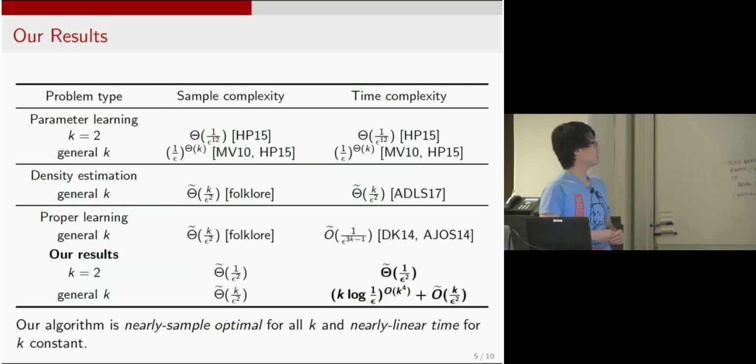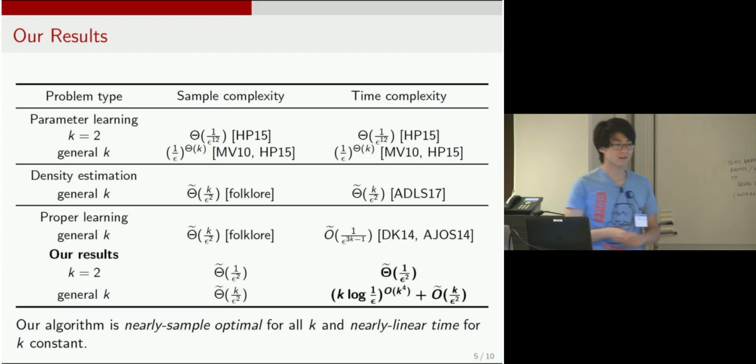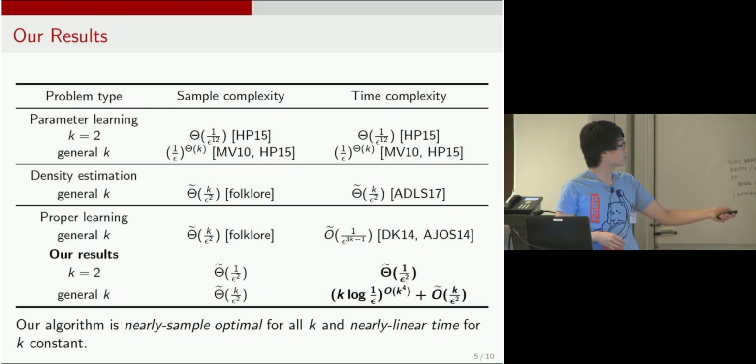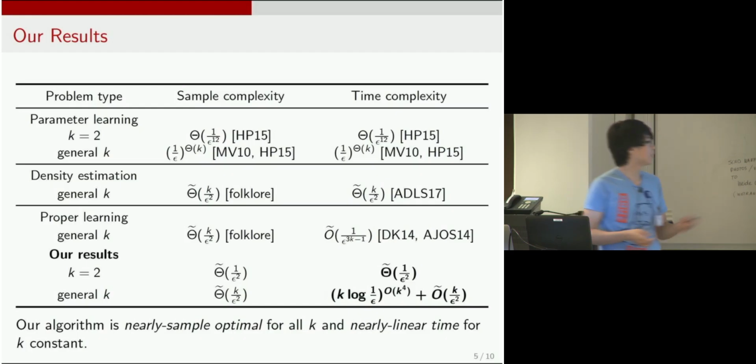So here's a very big slide of the previous results and our results in context. Again, for parameter learning, we get rates of 1 over epsilon to the theta of k. They scale in this very exponential way, and particularly if k equals 2, you already have 1 over epsilon to the 12th samples. To contrast, for density estimation, the sample complexity is much better.